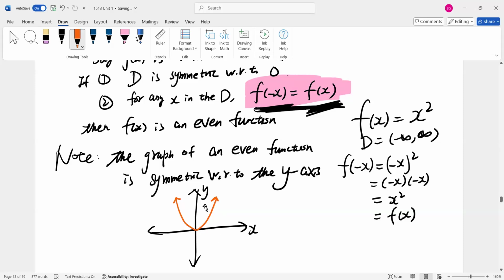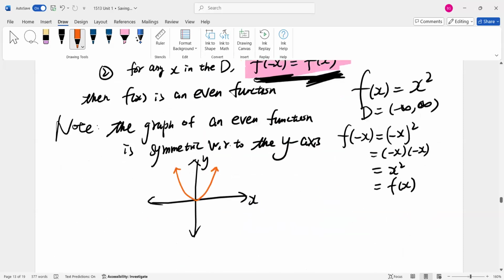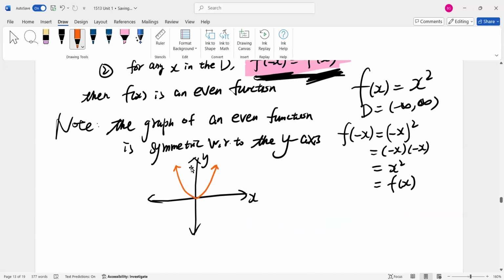So this graph is symmetric with respect to the vertical axis. If you flip this graph with respect to the y-axis, you have the same thing. In other words, the reflection of the graph with respect to the y-axis is itself.